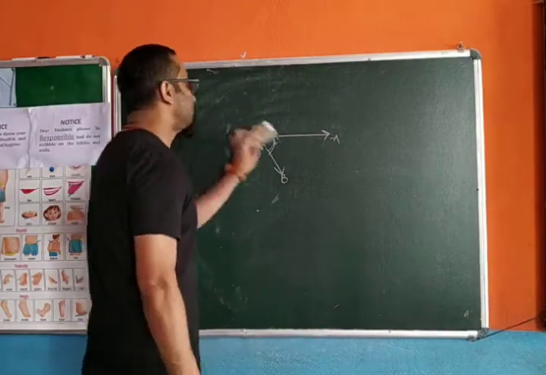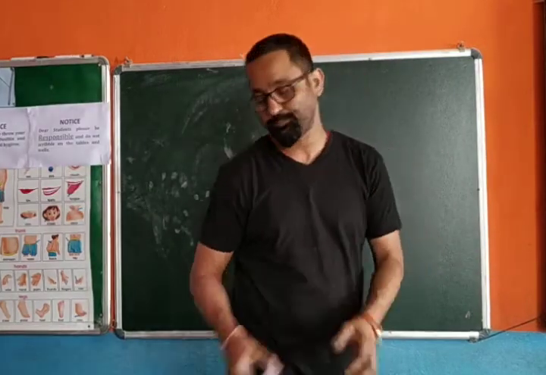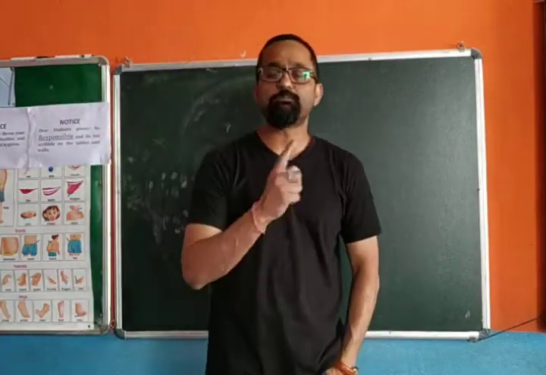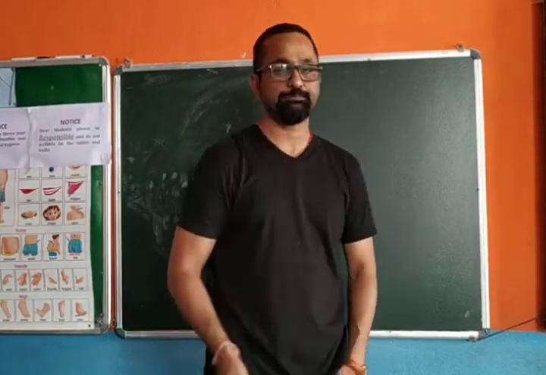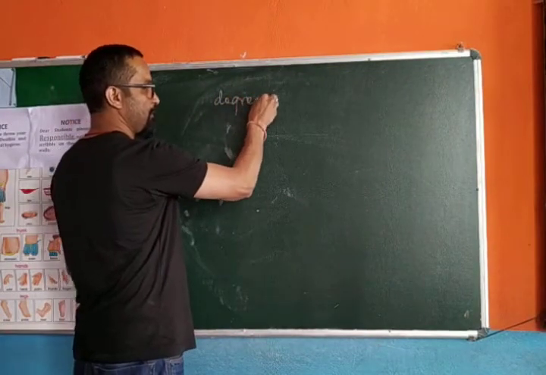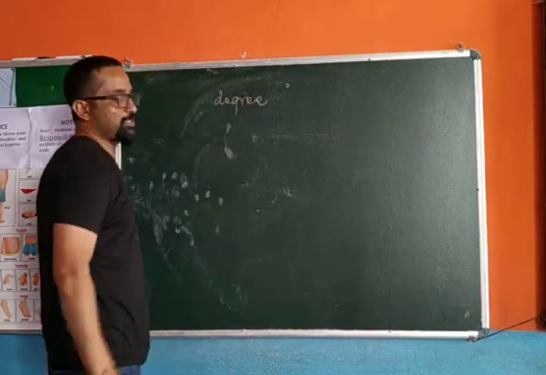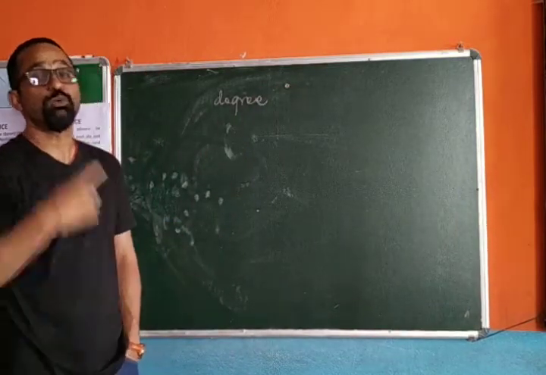In order to measure an angle, you need to use a unit. And the unit by which we measure angle is called degree. It is marked with 0 at the superscript.